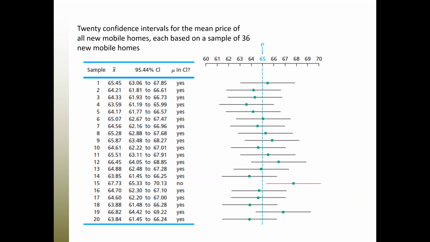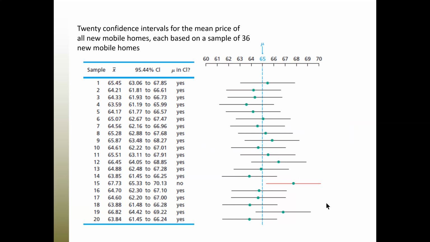That's crazy. So you take a sample, 36 observations, 36 mobile homes, and every time you take a sample of this size, you will be able to create a sample mean and a sample standard deviation. Then with that, you construct a confidence interval. Here you see 20 intervals constructed from 20 different samples. This is how the concept of confidence interval is applied.